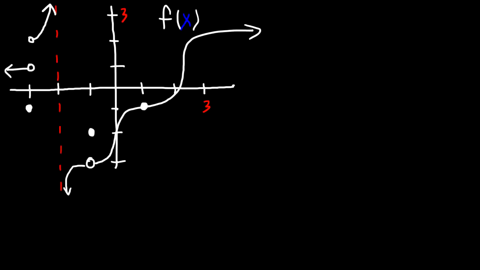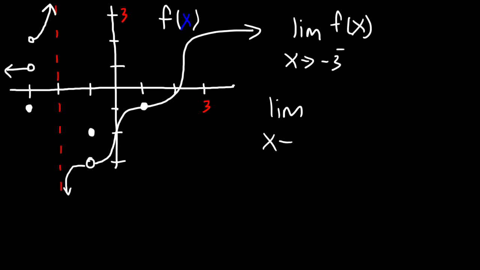Now the next thing that you need to be able to do is you need to know how to evaluate a limit graphically. So let's say if you want to find these four things. What is the limit as x approaches negative 3 from the left side? So that's a one-sided limit. And what is the limit as x approaches negative 3 from the right side?